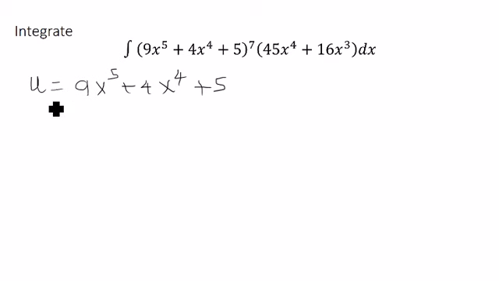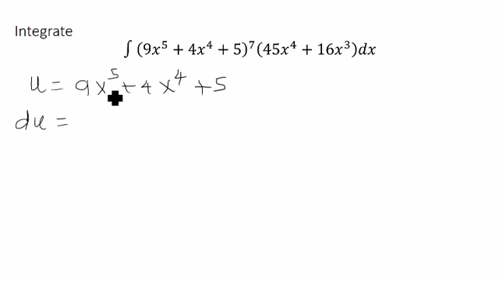So u equals that. When I said derivative, I should probably say the differential instead of the derivative. So du, you can use du/dx and then multiply both sides by dx, even though that's kind of not a good idea. So du equals the derivative of this thing times dx.